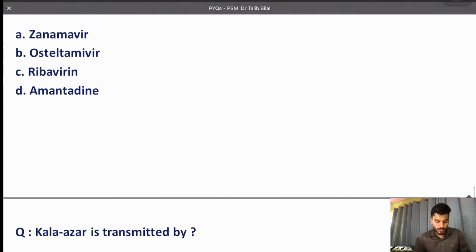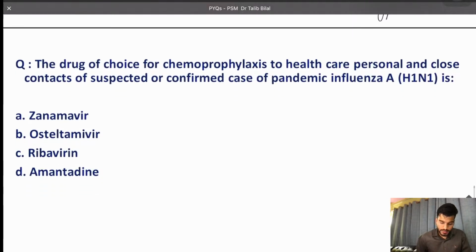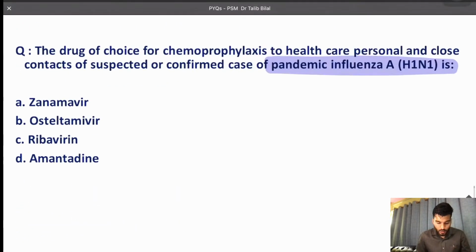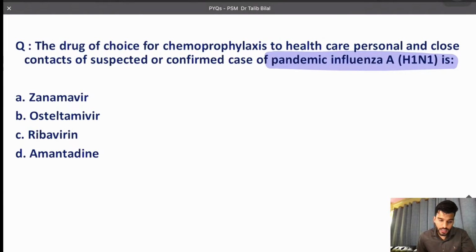Next question. A drug of choice for chemoprophylaxis to the healthcare personnel and the close contacts of a confirmed case of pandemic influenza A H1N1. What will be your prophylactic drug, or what will be the drug of choice for influenza?